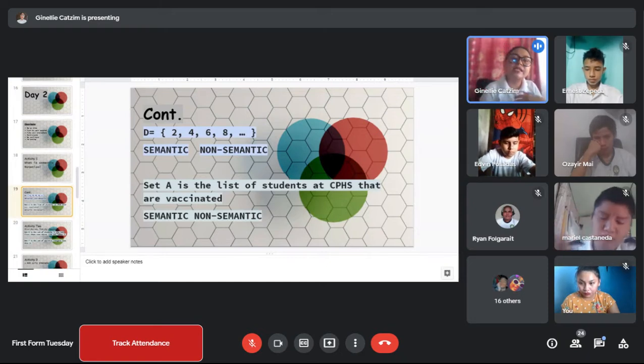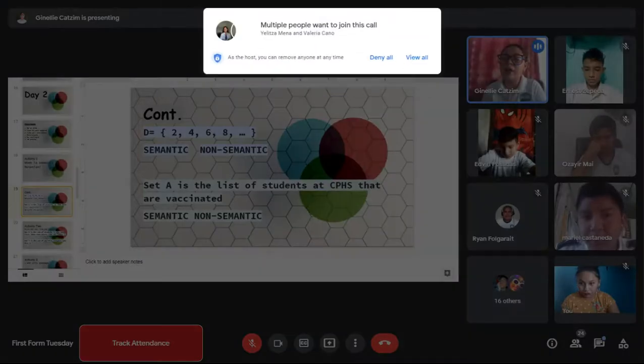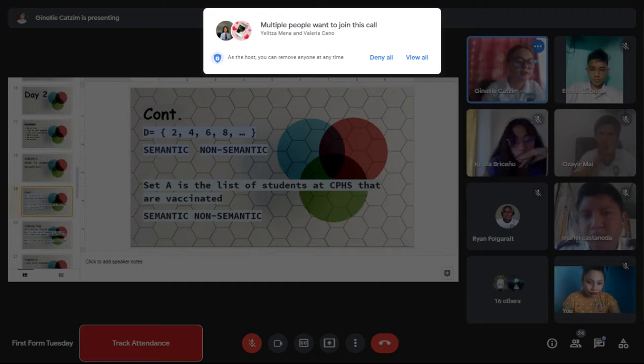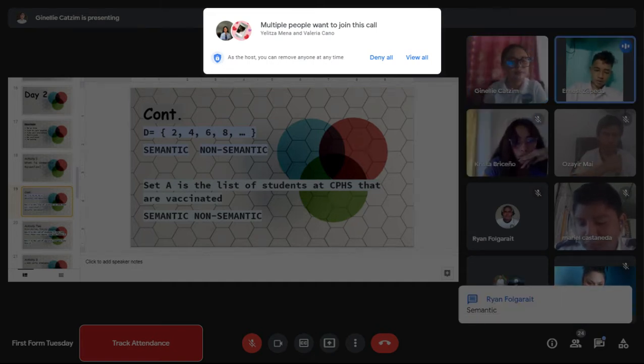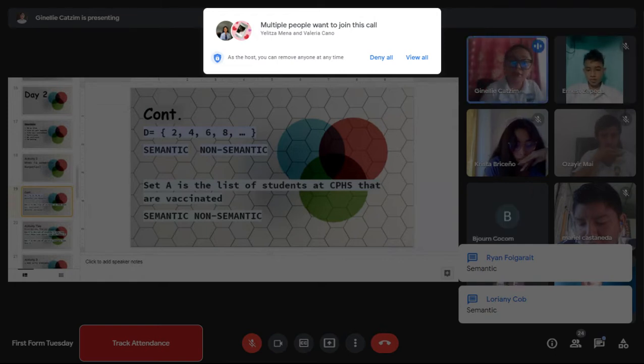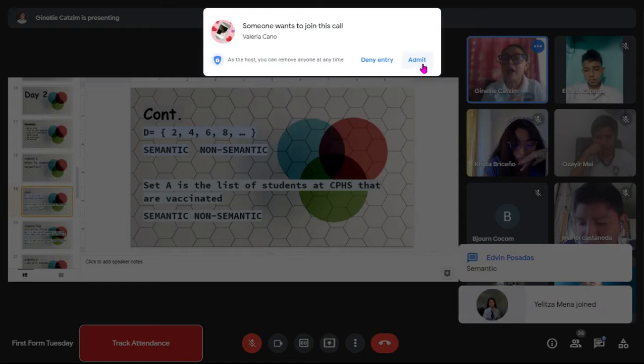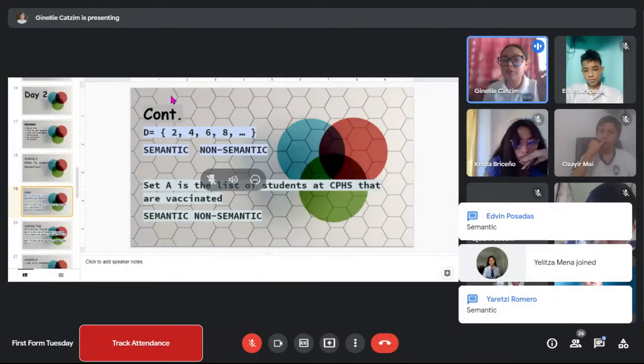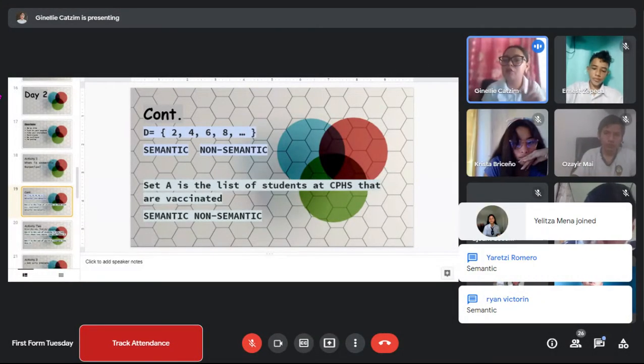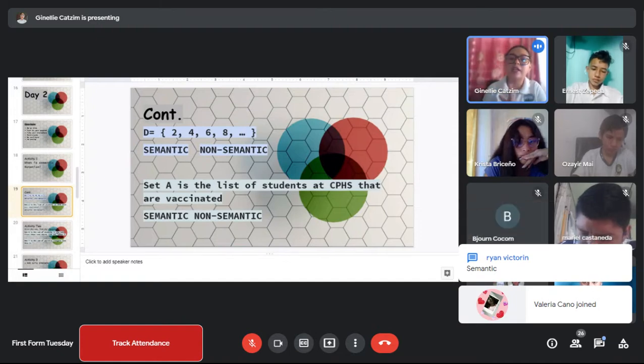So, is the set A is the list of students at CPHS that are vaccinated. Is that semantic or non-semantic? Semantic, right? Why? Because it has the name of the set, which is set A, and it is giving you a description. What is the description? The list of students at CPHS that are vaccinated, right?